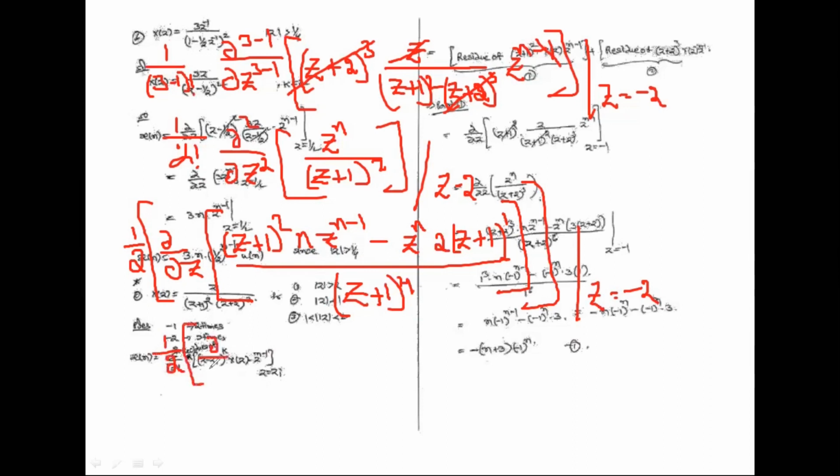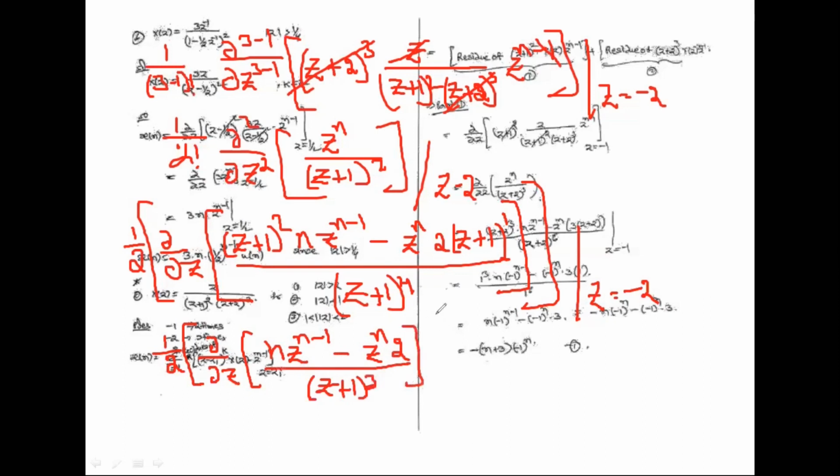Here, the dou by dou z is there. Take the z plus 1, and z plus 1 is common here. In this, the (z plus 1) whole power 4 is there. So it becomes n into z power n minus 1 minus z power n into 2, whole divided by (z plus 1) whole cube.